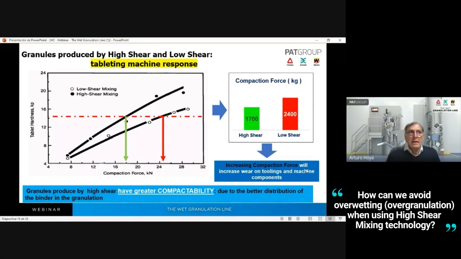So the optimal end point, the moment that we shut down the granulator, is very important, and we need to control not only volume, but speed of impeller and time of granulation. These three conditions are very, very important to control.